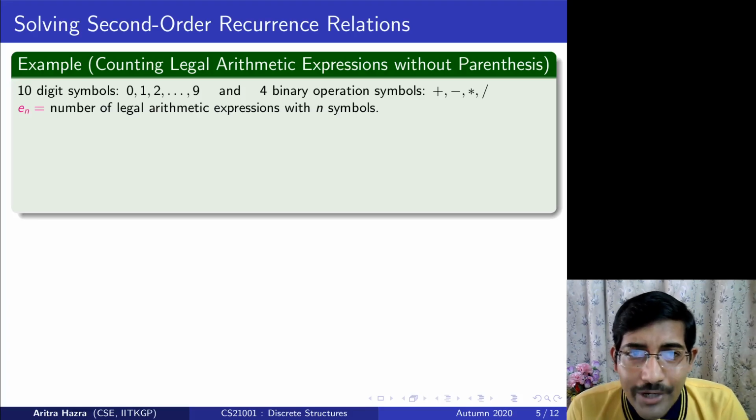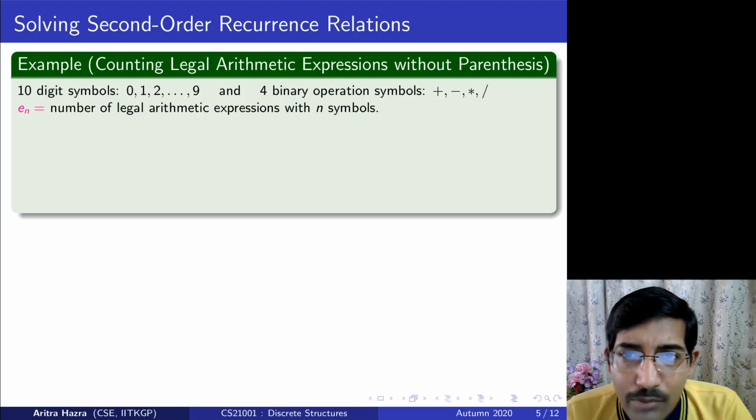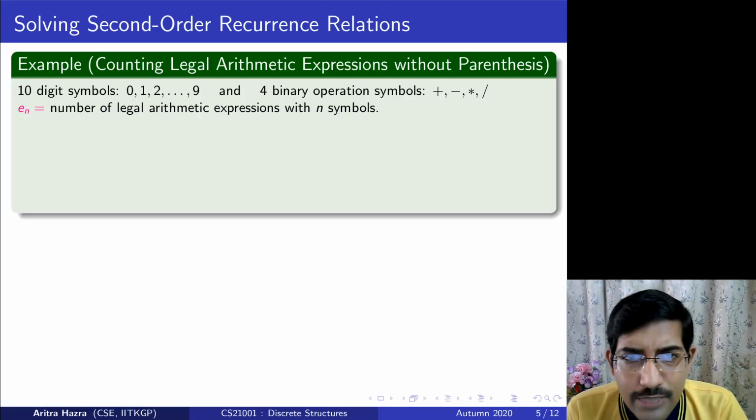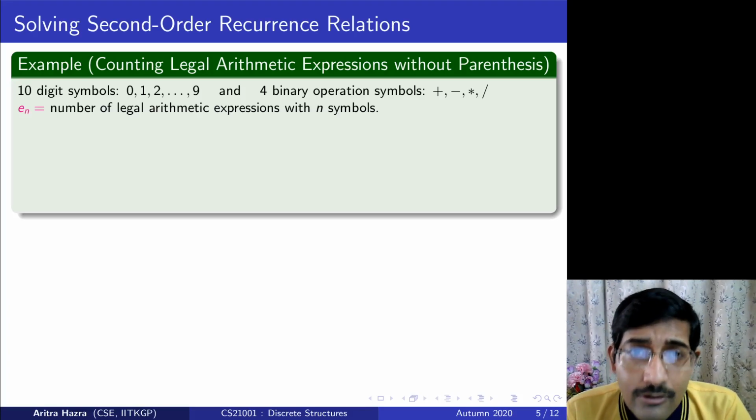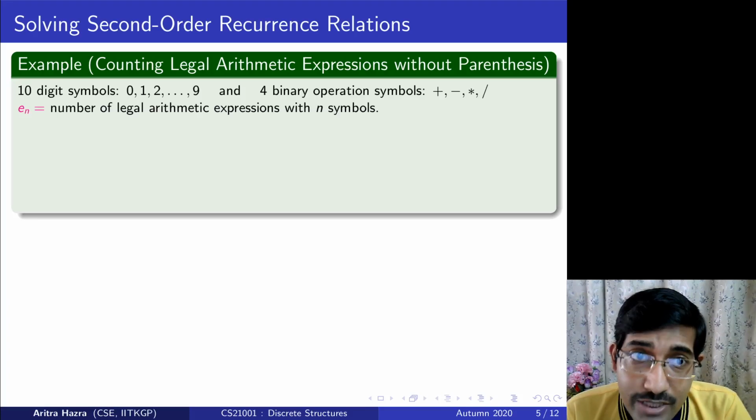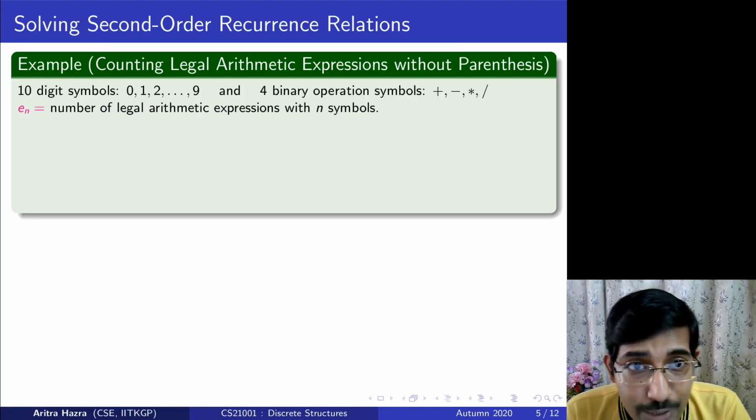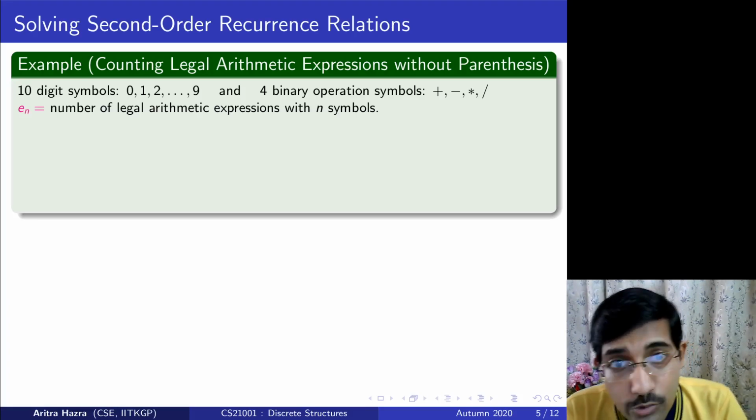To look into this problem, let's say En is the number of such expressions possible. So let's say 0 into 1 plus 2, this is an expression. 1 itself is an expression which is legal because it's a digit. 99 is a legal expression, it's digits. 999 is a legal expression. 999 into 2 is an expression.